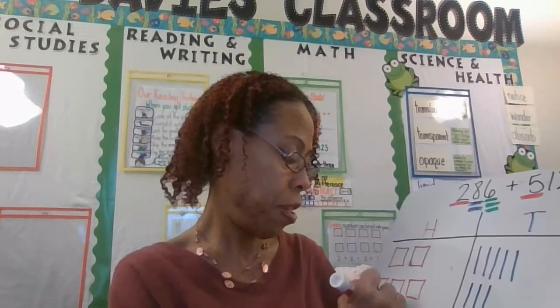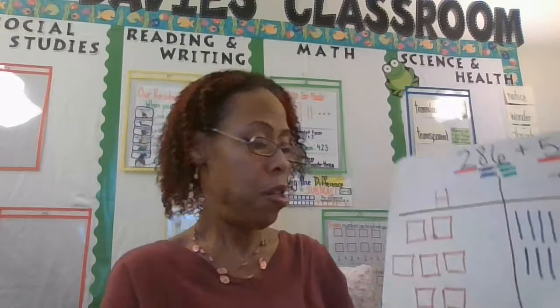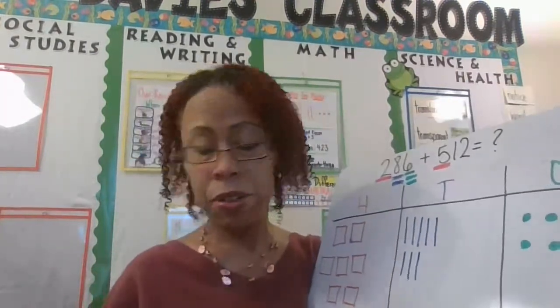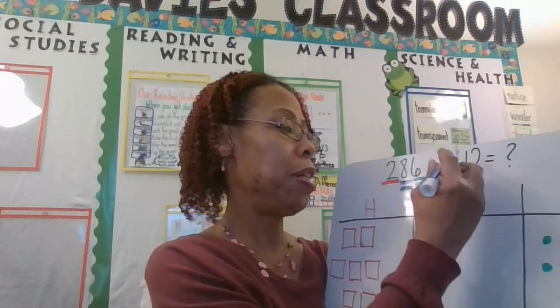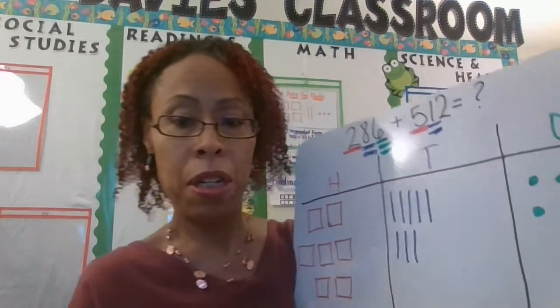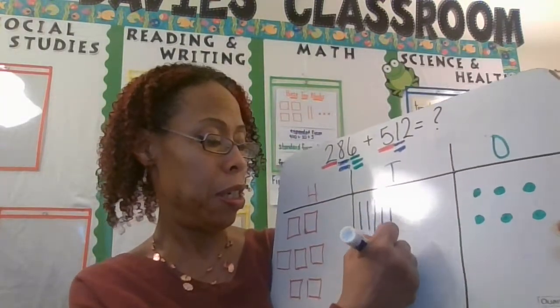Well, in this case, we can kind of put them in a different section. That's okay. All right, and then how many tens do we have? In this case, we have 1 ten in this number. Underline it 2 times. All right, so we're going to draw 1 ten.